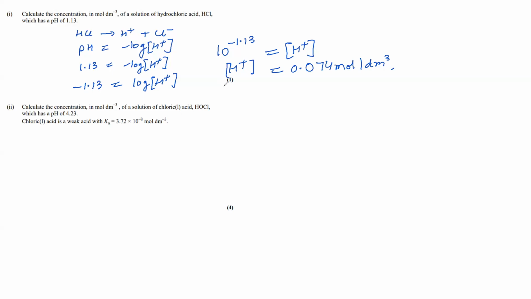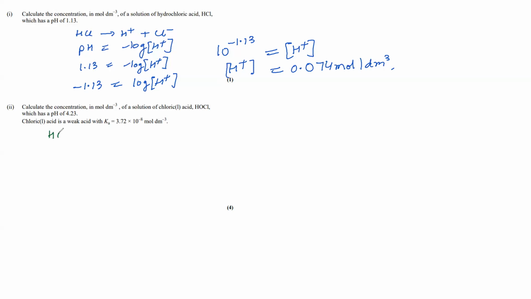Okay. Next question. Calculate the concentration in mole per decimeter cube of a solution of chloric acid which has a pH of 4.23. Chloric acid is a weak acid with the dissociation constant given here. So first of all, write the equation.